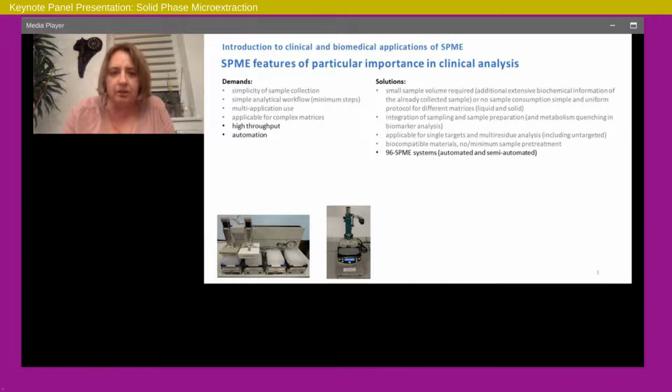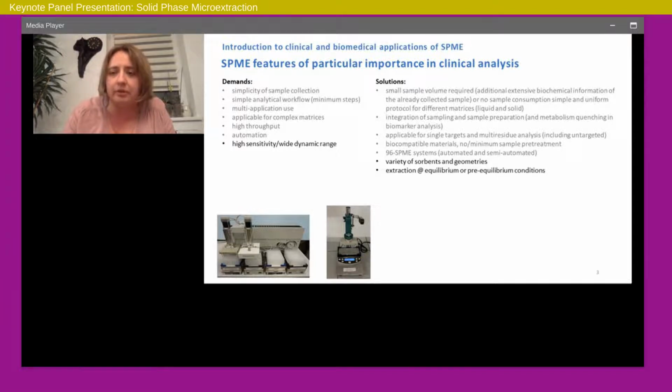And then we have high sensitivity and wide dynamic range. And of course, as already mentioned, we have a variety of sorbents and geometries we can play with. So by increasing, for example, the volume of the sorbent, we have increased sensitivity.